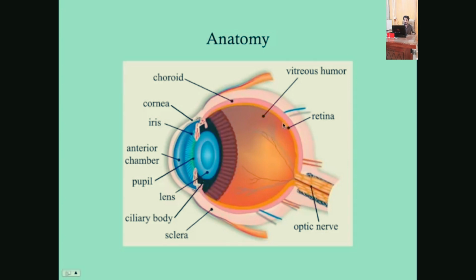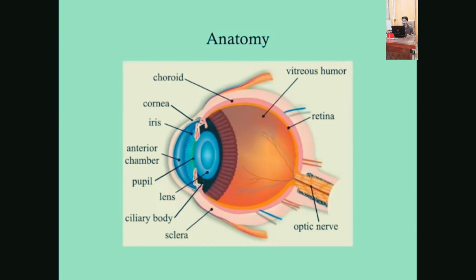And the choroid provides a base for the retina. It also provides a medium for the transport of nutrients and waste products. And the choroid is very highly vascular, so that's useful when it comes to providing nutrients and getting rid of waste products.